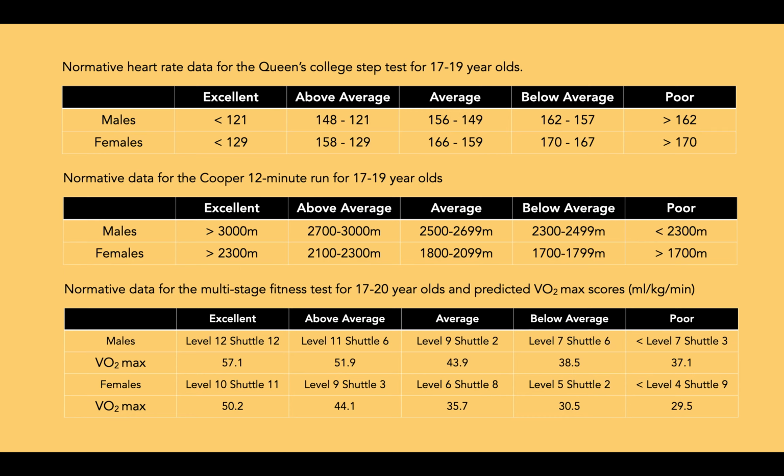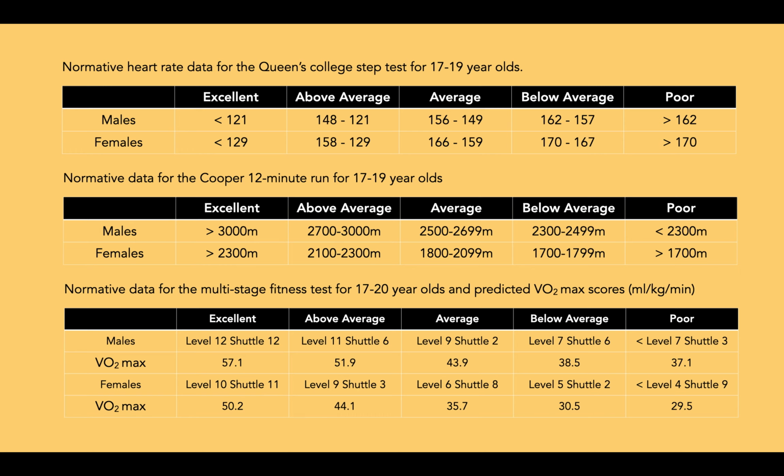What we're going to look at now is some normative data. Now, you'll be familiar with normative data from the action plan at AS level. So here's just a reminder of some of the normative data available for aerobic capacity, because we only looked at the Cooper run in our action plan.